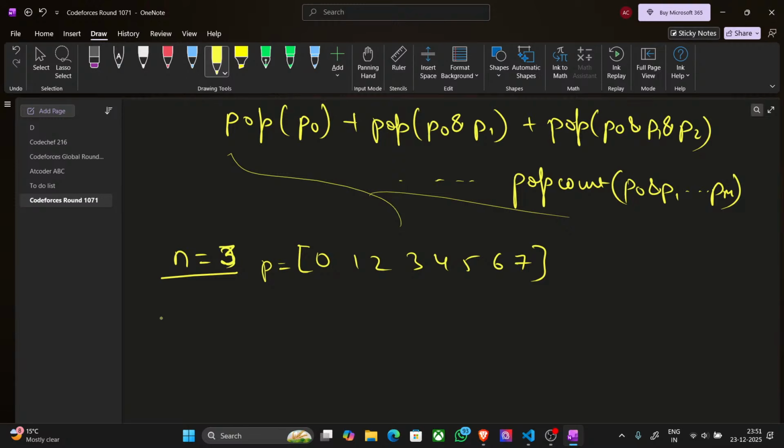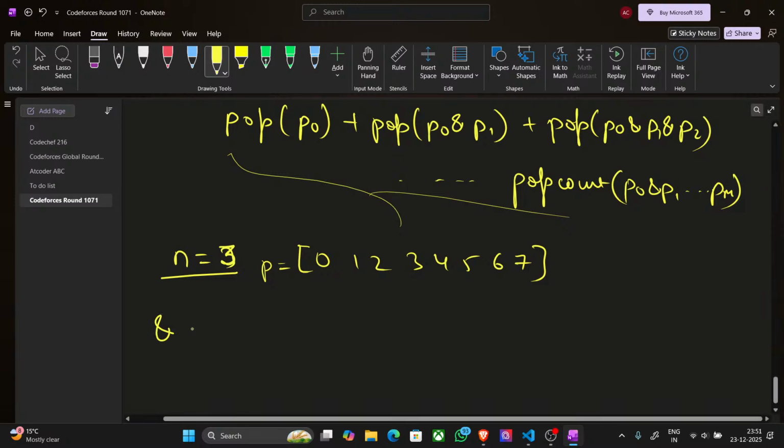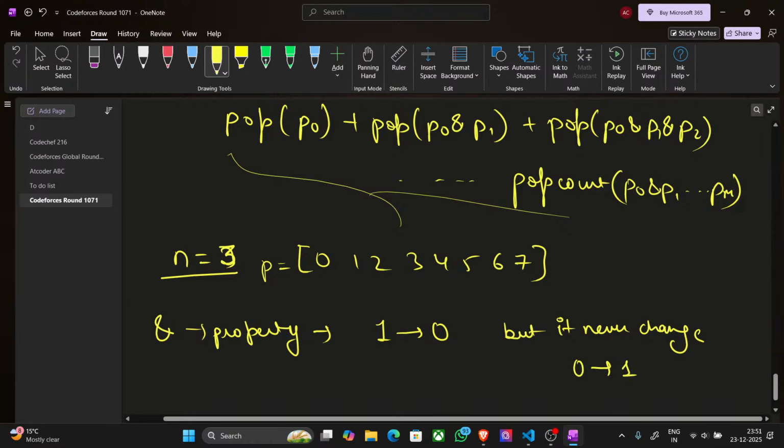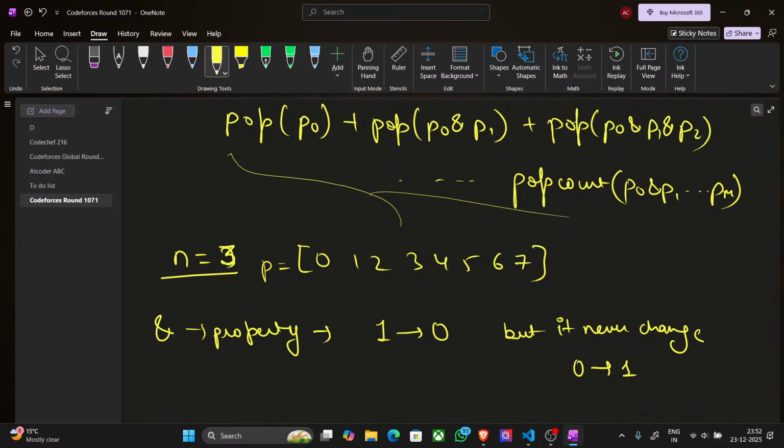Everyone is aware of the AND property. What does it do? It can change 1 to 0, but it can never change 0 to 1. So while doing these ANDs, your value will always decrease. It can never increase.